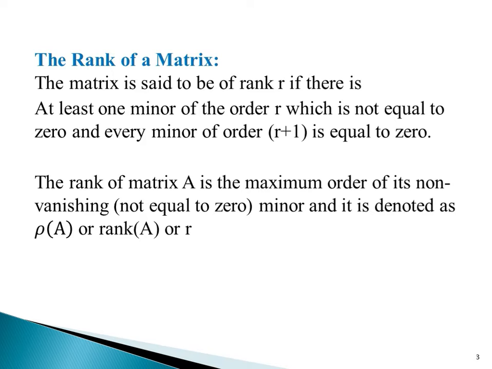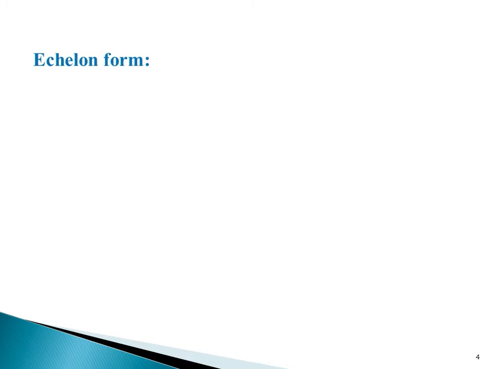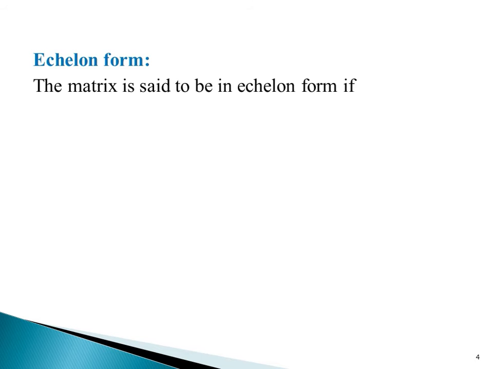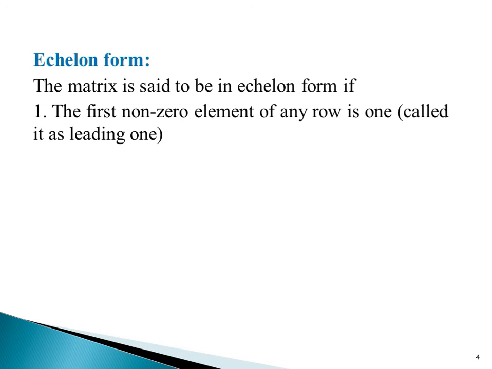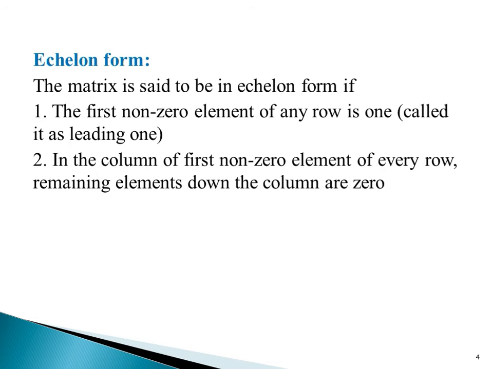The next point is echelon form. The matrix is said to be in echelon form if, first condition, the first non-zero element of any row is 1, which is also called a leading one. The second condition, in the column of the first non-zero element of every row, all remaining elements down the column are 0.